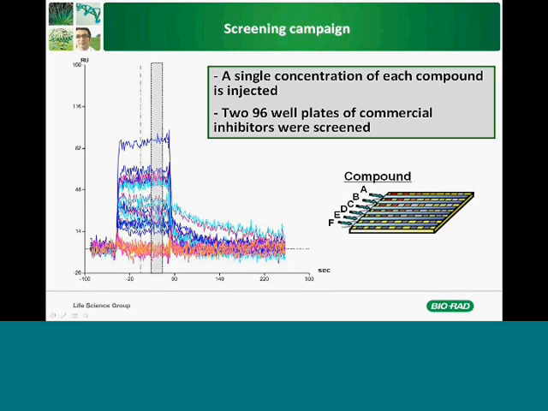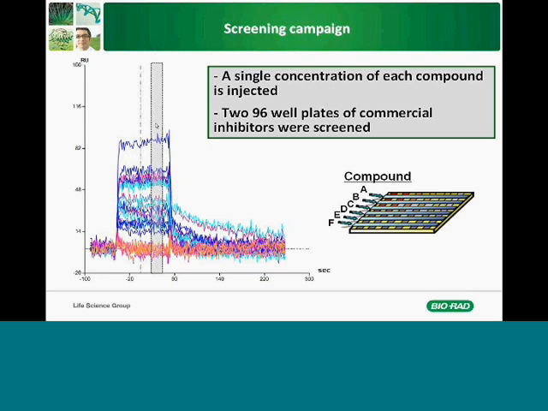And here in the gray region, this is the place where we measured the binding level, the signal level, and all was done by the software using a report point analysis. And these signals were then divided also by the software by the corresponding molecular weight.